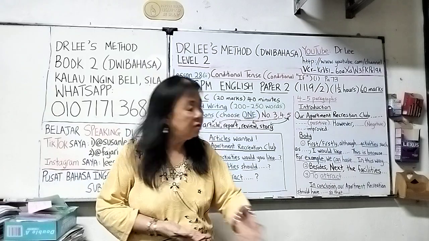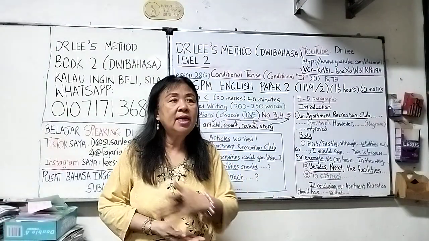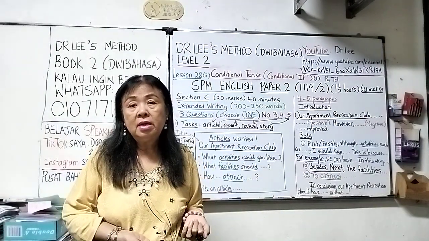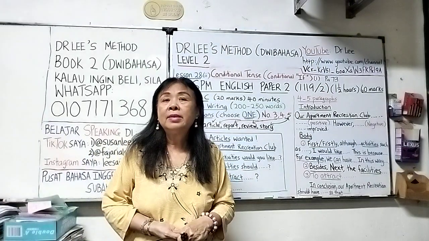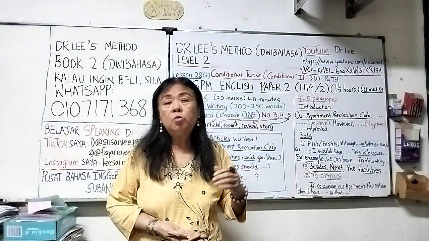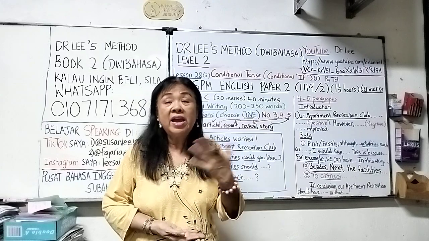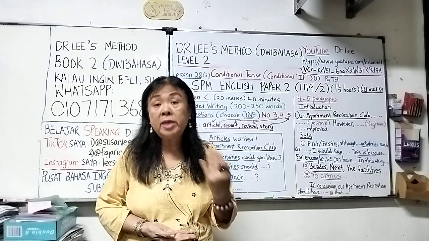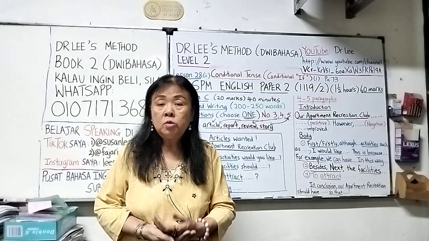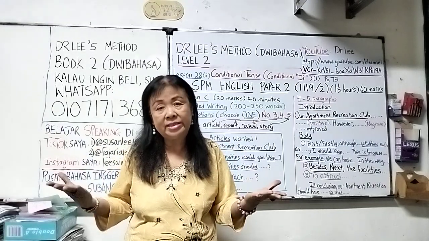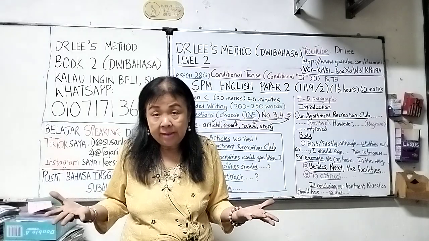Through this effort, so first time you say in this way, second time you say through this effort. Through this effort, the facilities would be fully utilized. Because presently, we have facilities but not many people are using them. So such facilities will go to waste if nobody utilizes them.